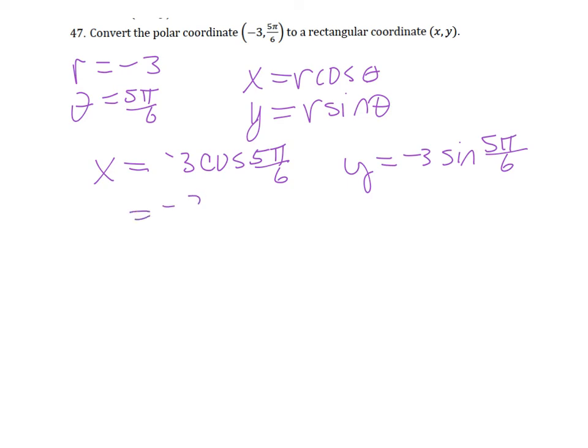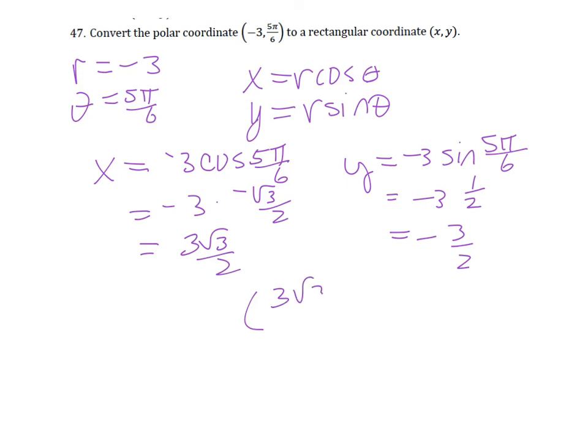If we think back to our unit circle, the cosine of 5 pi over 6 is negative radical 3 over 2. The sine of 5 pi over 6 is 1/2. Then we just need to make that look a little better. So that's 3 radical 3 over 2 and negative 3/2. So our xy form is 3 radical 3 over 2, negative 3 over 2. So that is our polar coordinate, our r theta, converted to rectangular coordinates.